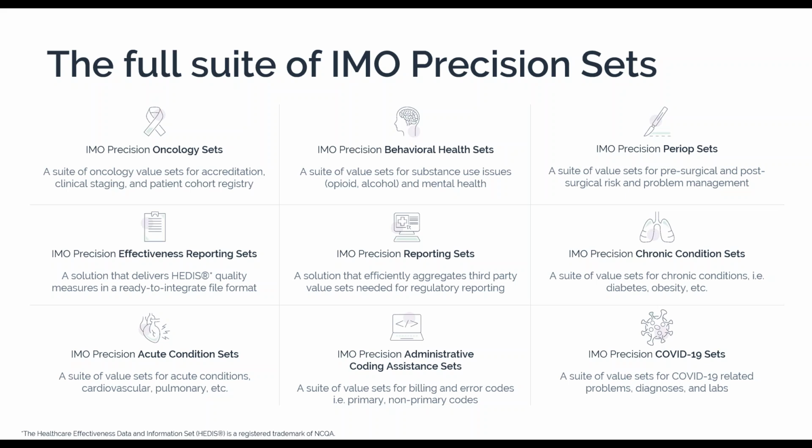We have value sets to create patient cohorts for high-impact chronic and acute conditions, to help with clinical staging of cancer, to identify patients at risk of unhealthy alcohol use or opioid use disorder. These are some of the examples IMO Precision Sets can be used for. We continue to evolve and grow our library.